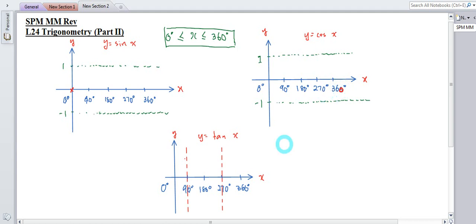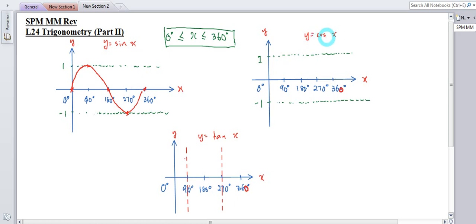Okay, so how to plot is actually very easy. So first point here, second point here, third point here, then go down here, go down here. Okay, then you just connect all the points together. Okay, this is y equal to sine x graph.